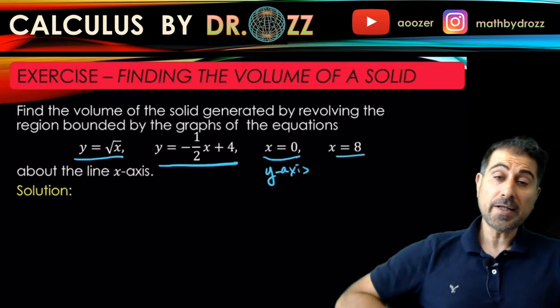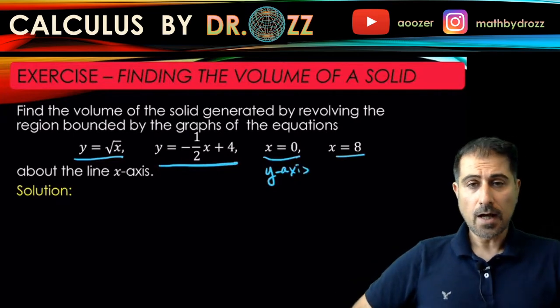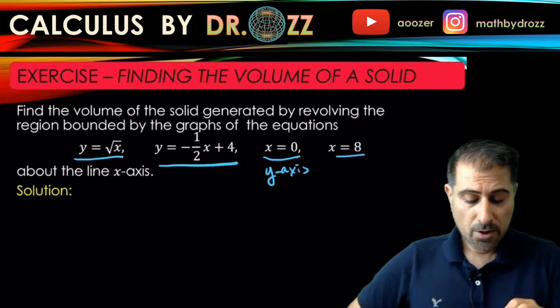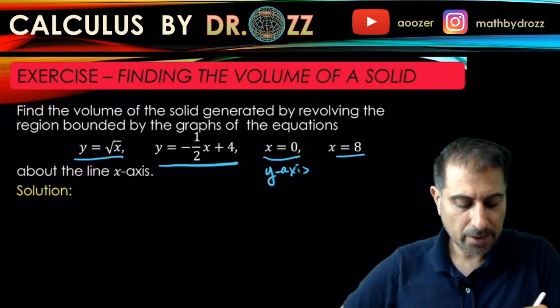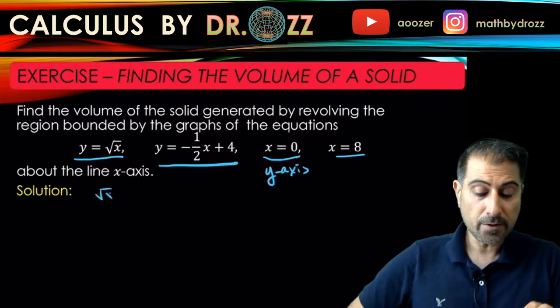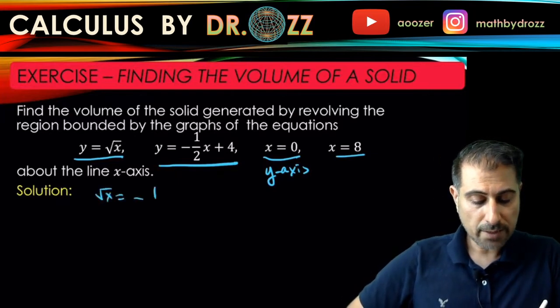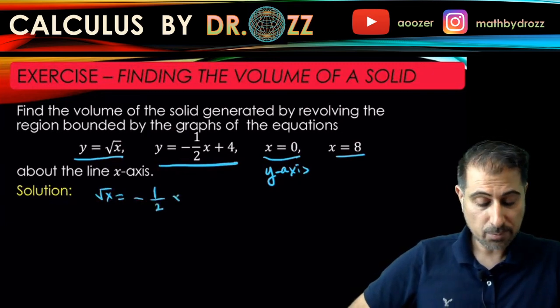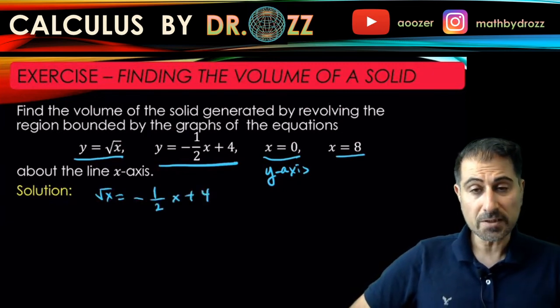First we need to find the intersection points, if there are any, because we don't know exactly what the region looks like. So let's check if there is any intersection between y equals radical x and the line y equals -1/2 x plus 4. We have to solve this equation.